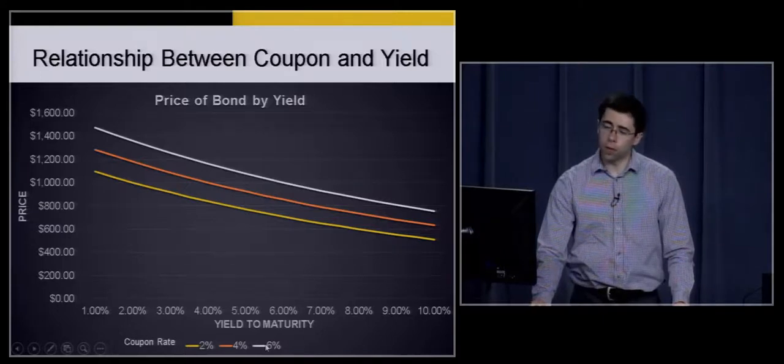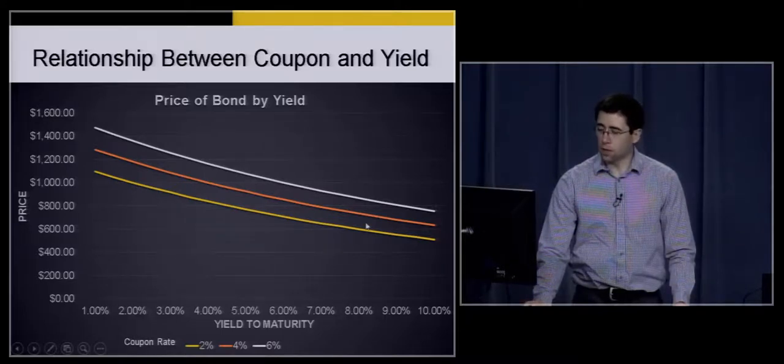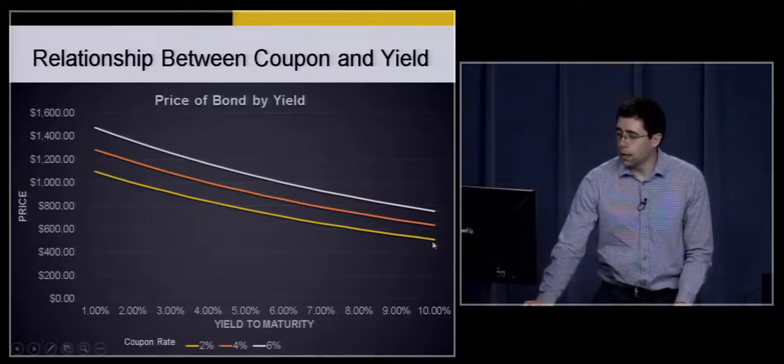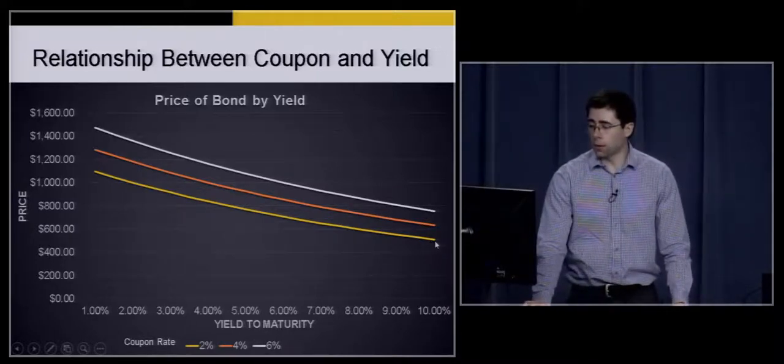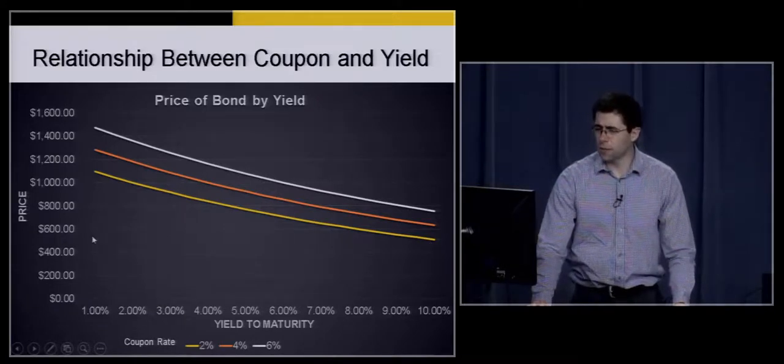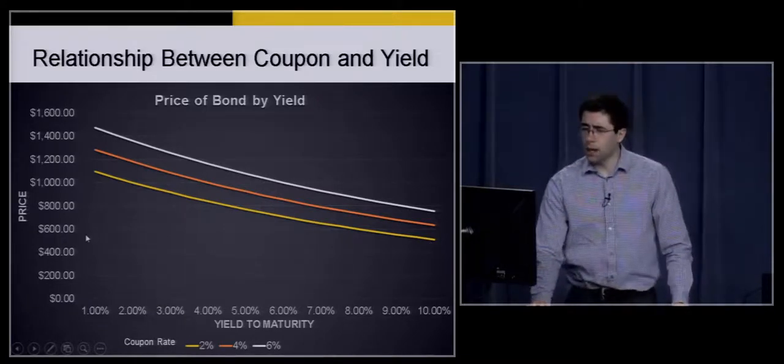And I've plotted their prices or their present values with various yields to maturity. So this one over here, the yellow bond, has a coupon rate of 2% and a yield to maturity right here of 10%. As you can see, because our yield to maturity is greater than our coupon rate, the price of this bond is a little less than 600, maybe 500 something.